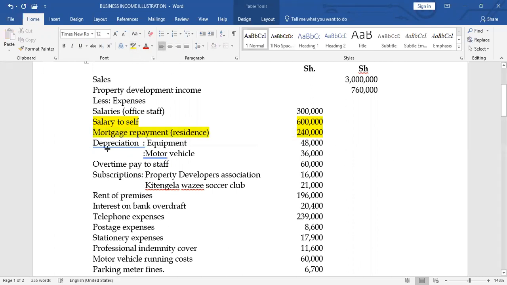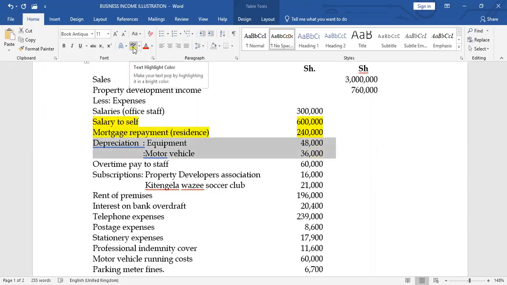Depreciation, not allowable, all that. Overtime pay to staff, do you have to do that in business? Yes, it's allowable. Subscription to Property Developers Association.